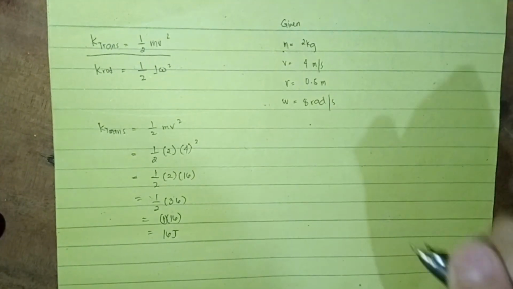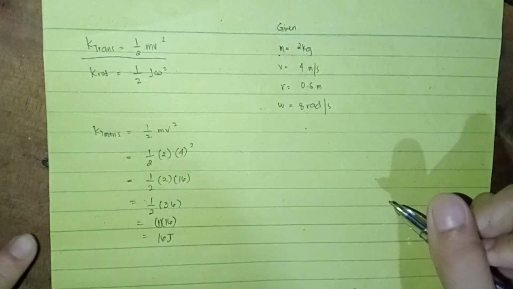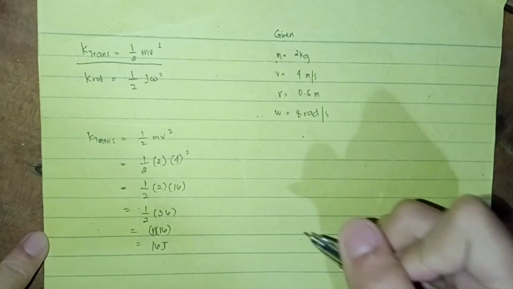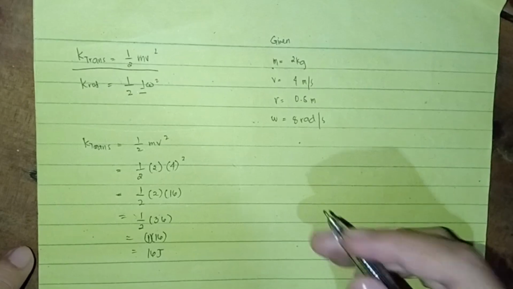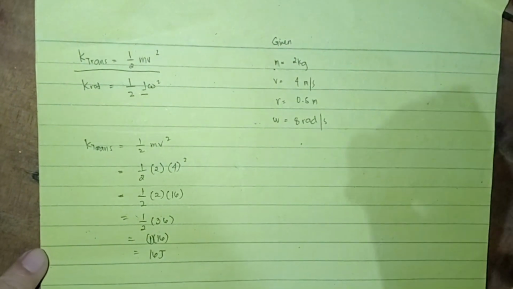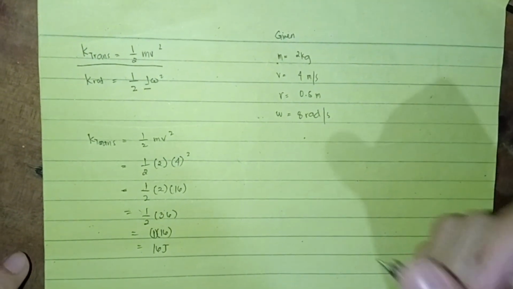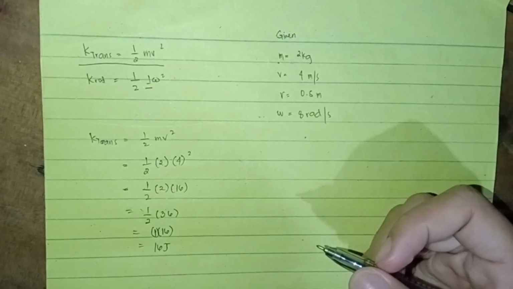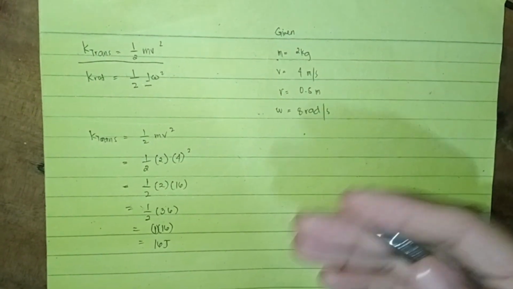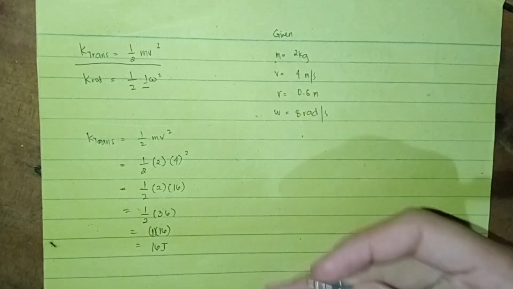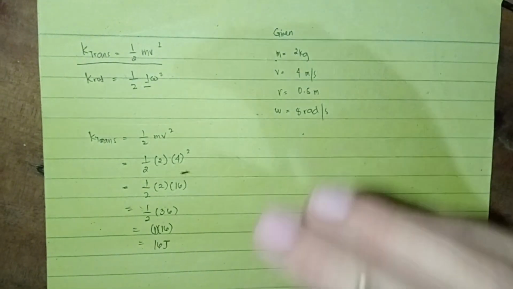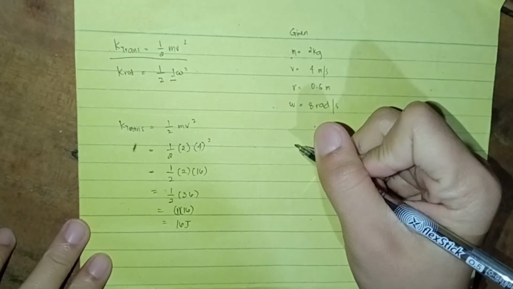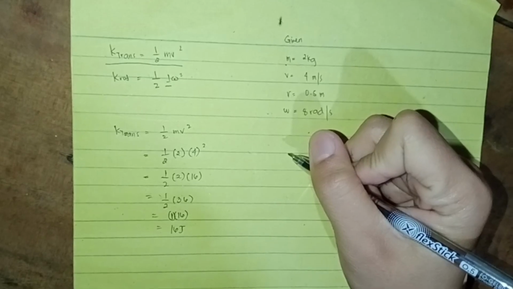Next, we'll be solving our rotational kinetic energy. However, we have to find our inertia first because it was not in the given. Our formula for inertia would be based on the object that is used. Our object is a solid sphere.